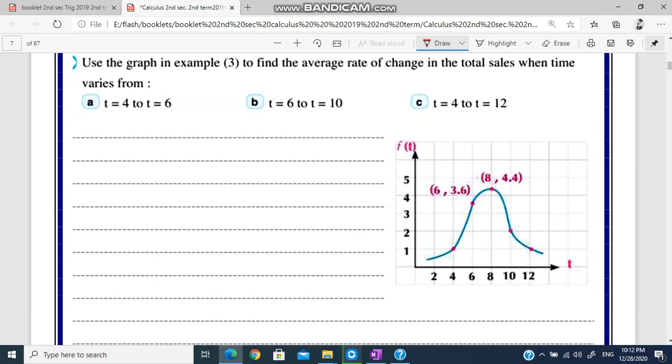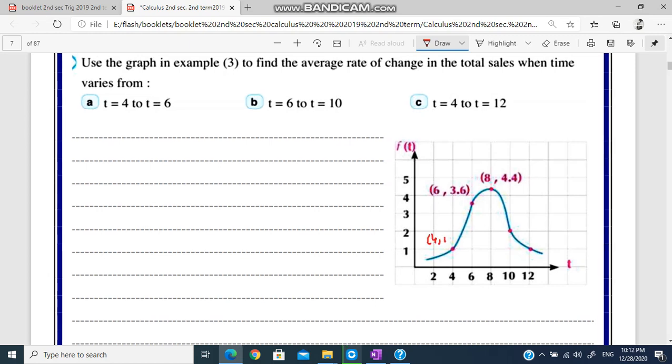This is a graph, and here the first point is 4 and 1, and the second point is 6 and 3.6, and 8 and 4.4, and here is 10 and 2, and here is 12 and 1. The average rate of change of the function from t equal 4, this point, and t equal 6, this point.